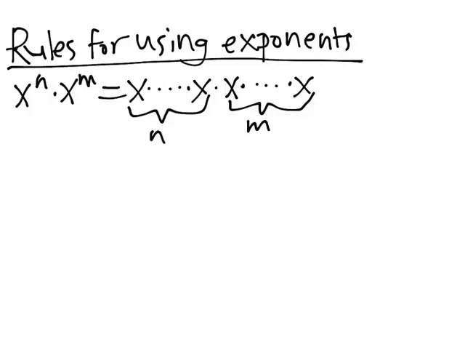Since there are n copies of x on the left and m copies of x on the right, multiplying these together will give us n plus m copies of x. So this is just equal to x to the power n plus m.